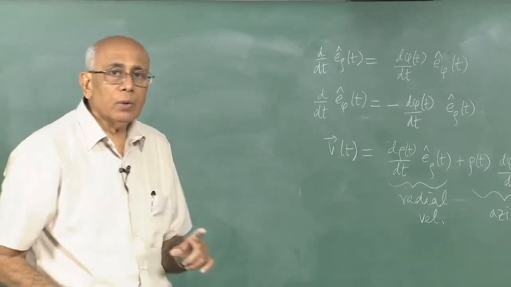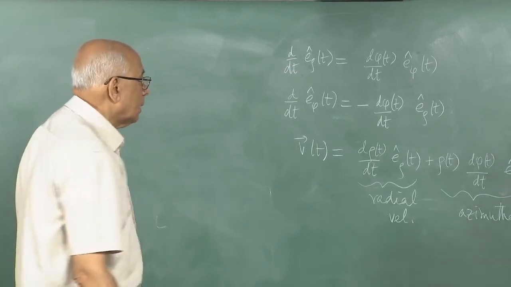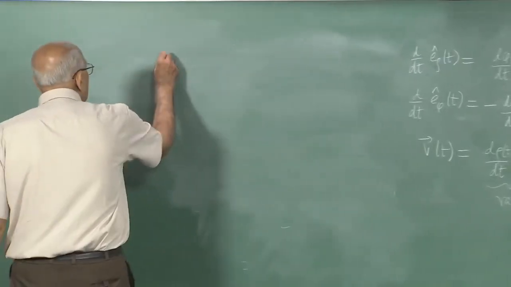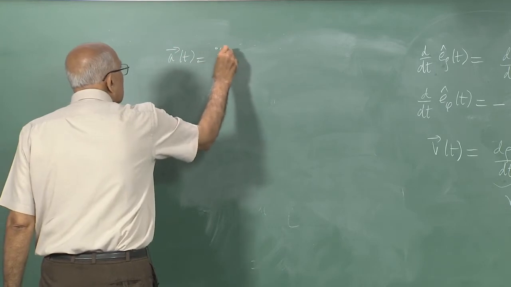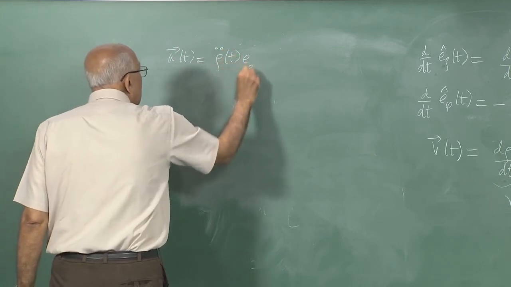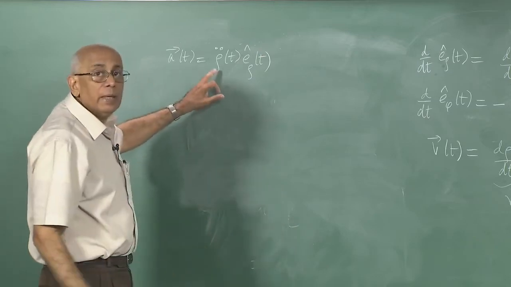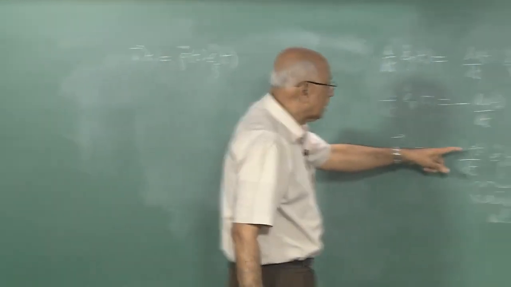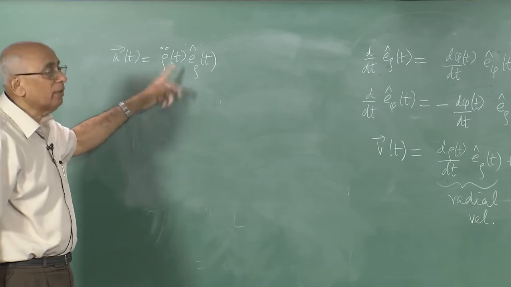So we need to find out what is the radial component and what is the azimuthal component for the acceleration, and that is where we are headed for. So we have A of t equal to, the first term is rho double dot of t E rho of t, and you will recognize what this term's physical meaning is very simply, because just as this portion of it was the radial speed, this part is the radial acceleration, if any.